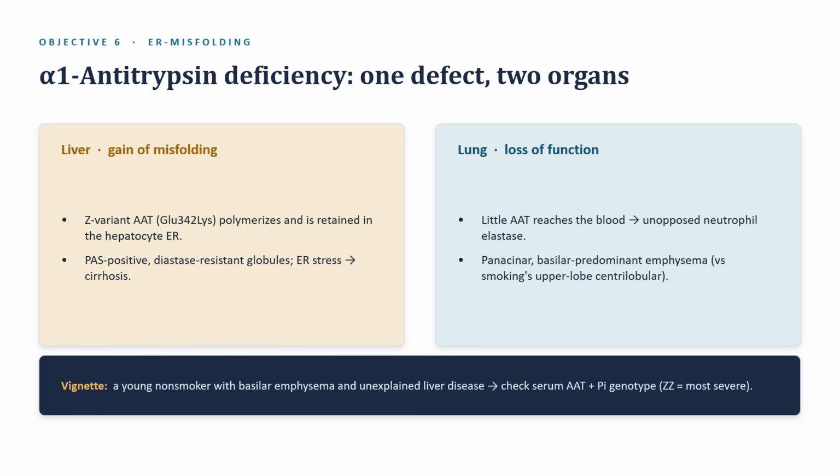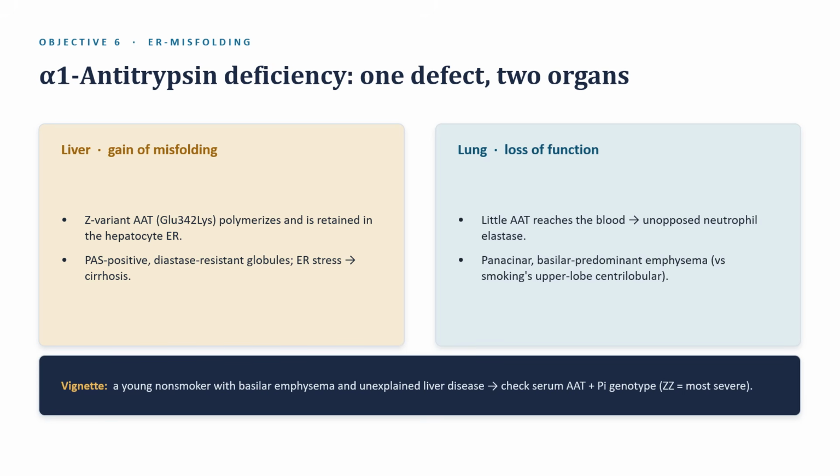It can't be secreted. Okay, it's stuck in the ER. Those retained polymers show up as PAS positive, diastase-resistant globules on biopsy, and the ER stress they cause leads to cirrhosis. This is a gain of misfolding. The damage comes from protein that's trapped inside the cell.